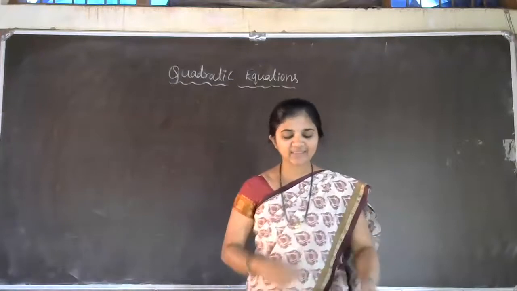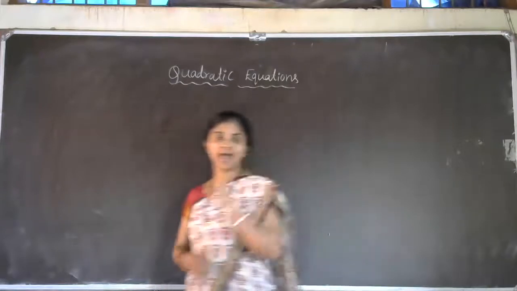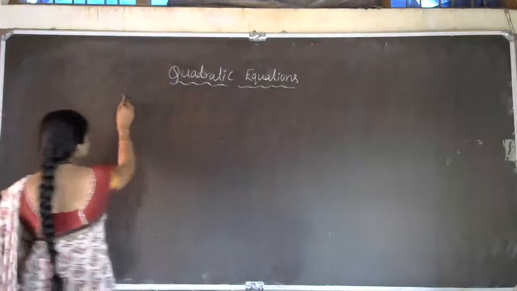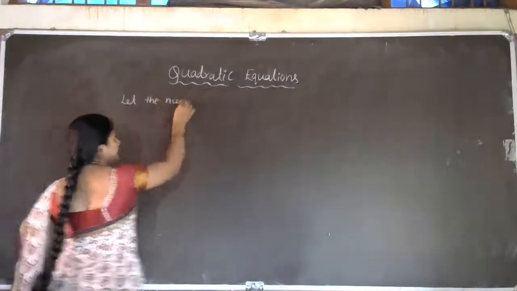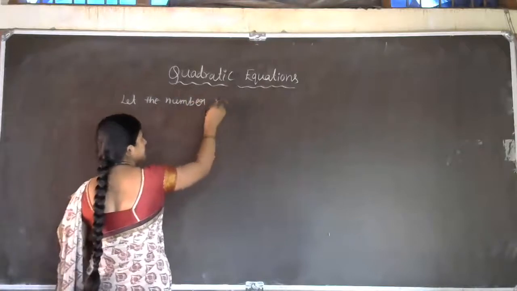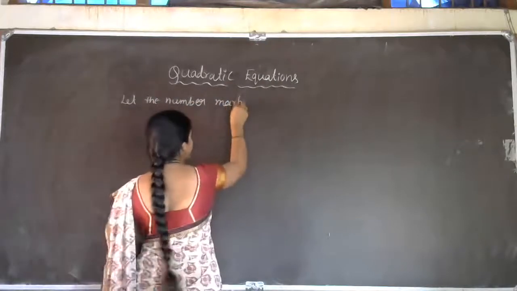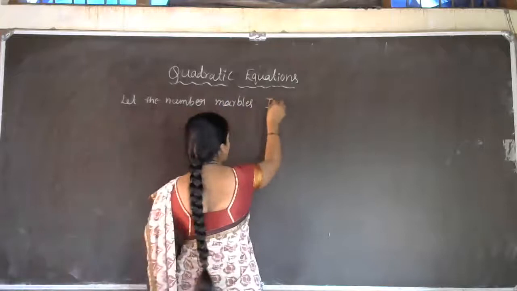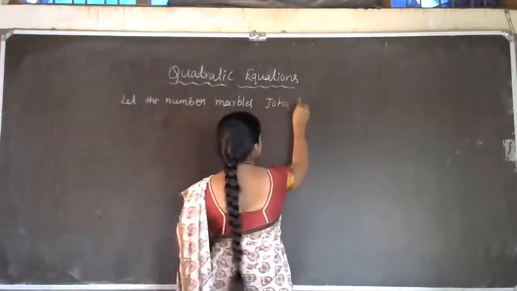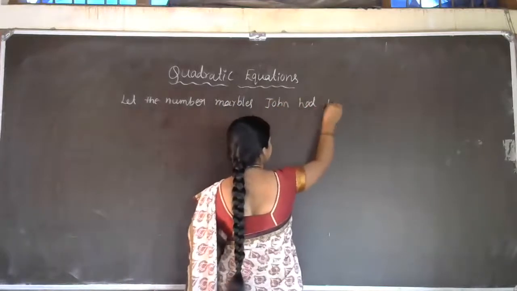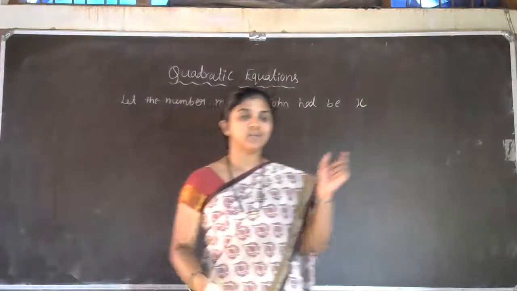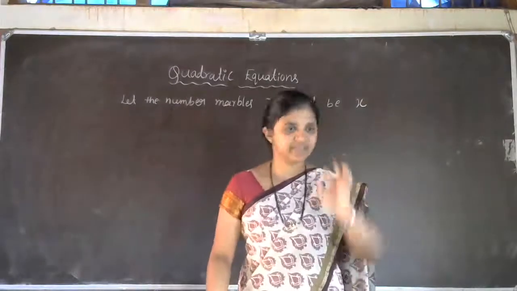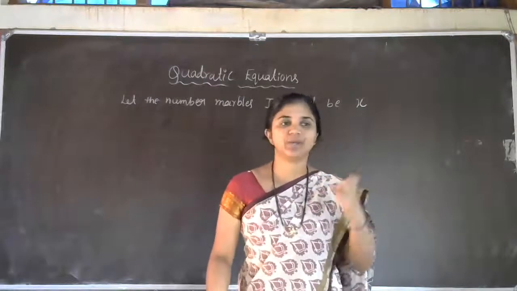Okay, let the number of marbles John had be X. So we are considering the number of marbles with John as X. We don't know which number X is actually.